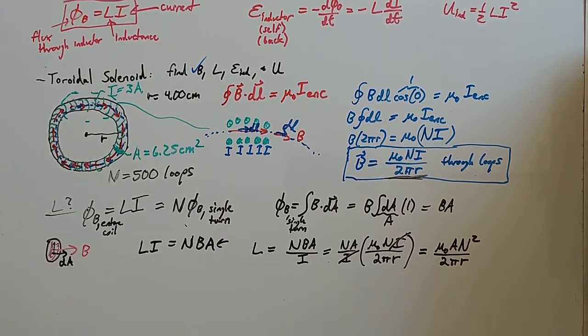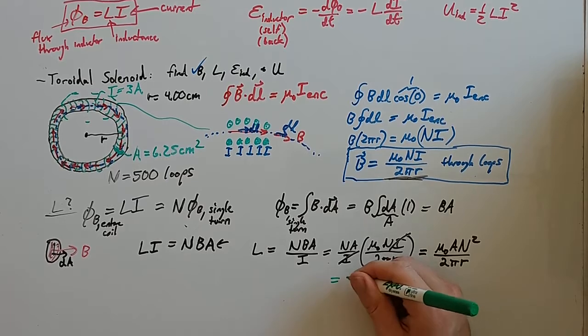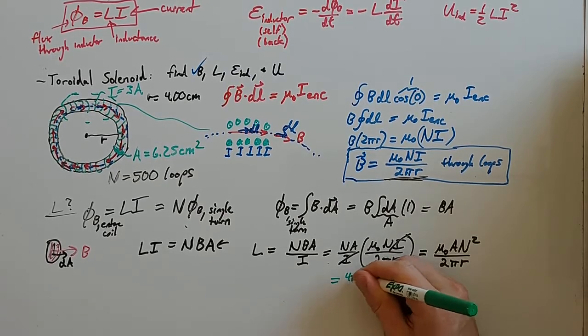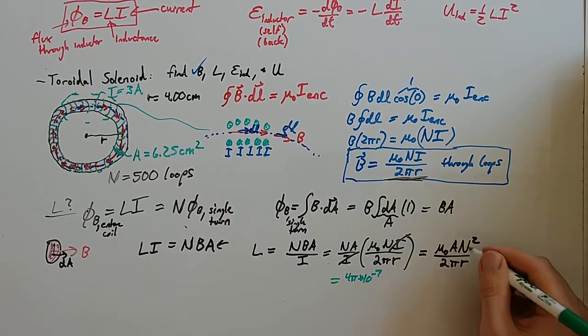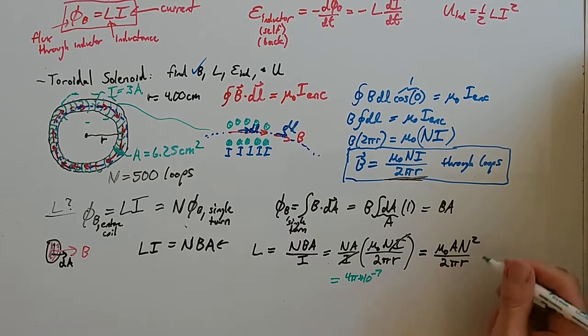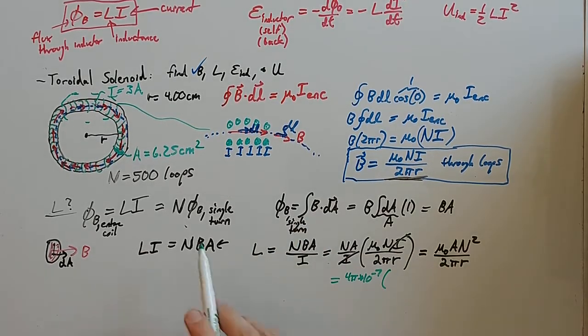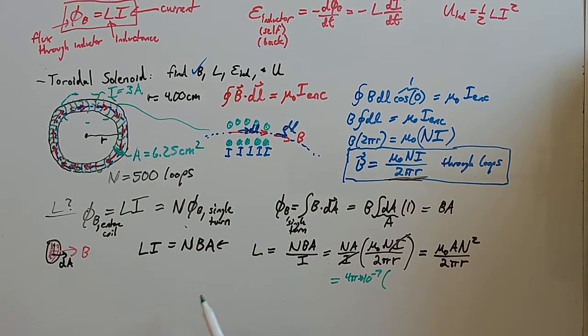So you can go ahead and plug in some numbers for this if you want. Mu naught is 4 pi times 10 to the minus 7. The area is a little tricky; several people got messed up on this in their homework. 6.25 centimeters squared, how many meters squared is that?